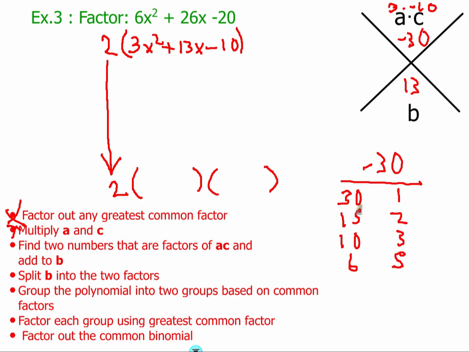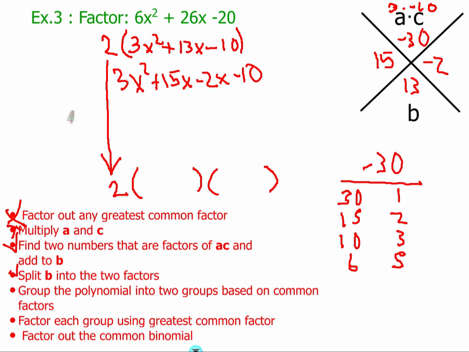If I do positive 15 plus negative 2, that gets me 13. So my two numbers are going to be 15 and negative 2. All right, so now I need to split b into those two factors. So I'm going to go 3x squared, and instead of 13x, now I'm going to have plus 15x and minus 2x.